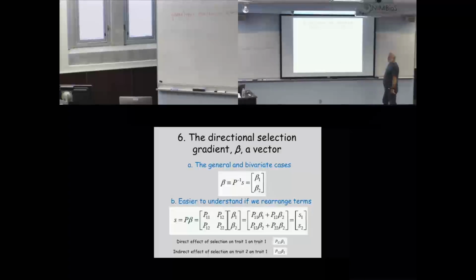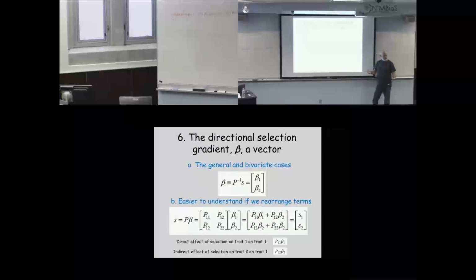So that's a nice result. And that is why it's important to make S a covariance, because when S is a covariance and this is a variance covariance matrix before selection, then these have that nice statistical meaning. It means that we can estimate beta by finding a statistical program that can calculate a partial regression. Now we have to have all of the traits included in the vector to do that, but it gives us an avenue of estimation immediately.